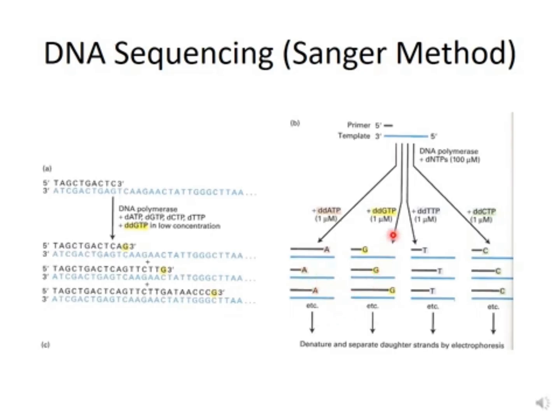The same thing happened in the second reaction. However, this time we have a ddGTP. So each time a ddGTP is incorporated, the DNA strand is cut short. And because this reaction has only ddGTPs, that means that the last nucleotide in each strand is a G. And then we have a ddTTP and a ddCTP reaction.